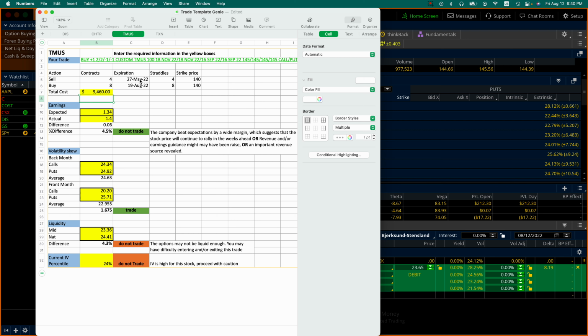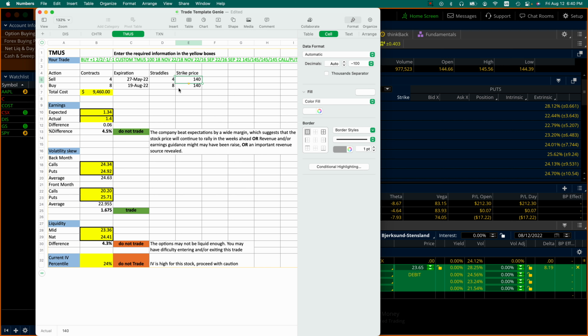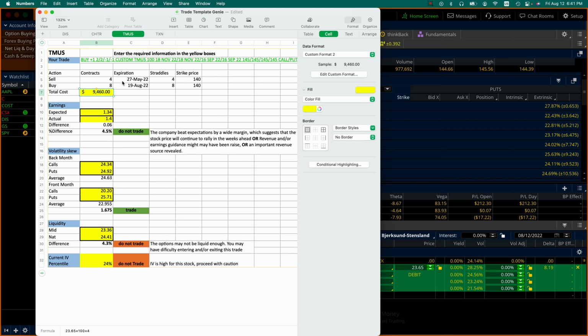You can adjust all the states. I'm going to avoid that in the interest of time, but you can make a good record of it by entering all the data here, so that is clear. Meaning the contracts 4 and 8, yes. The expiration, September 16th.